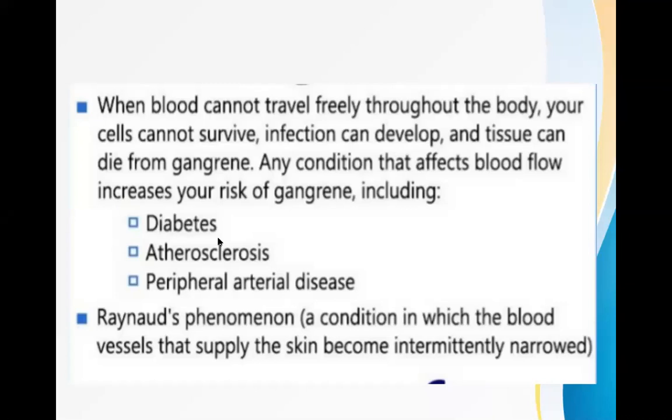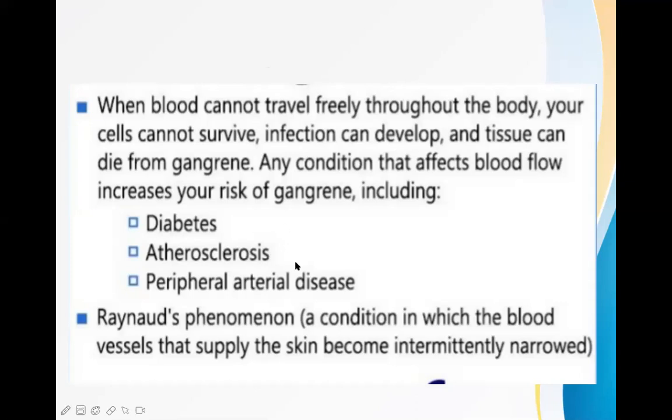So atherosclerosis can lead to decrease in blood flow to a particular area, and that can easily result in gangrene. Another important cause: diabetes is an immunodeficiency condition, so infections are quite common in diabetes, and any infection can result in decreased blood supply to that particular area, and again can result in gangrene. So a combination of factors is there in diabetes.